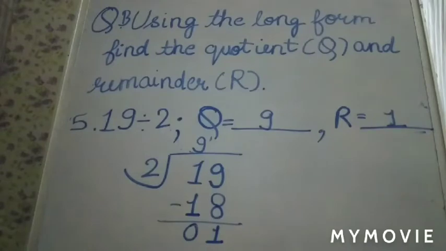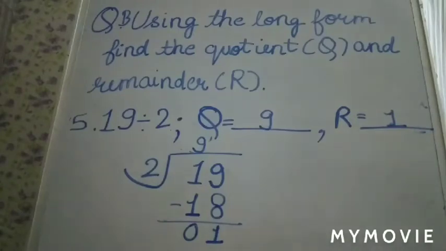Now let's see the fifth question of B. 19 divided by 2. So you have to speak the table of 2. 2 ones are 2, 2 twos are 4, 2 threes are 6, 2 fours are 8, 2 fives are 10, 2 sixes are 12, 2 sevens are 14, 2 eights are 16, 2 nines are 18 and 2 tens are 20.